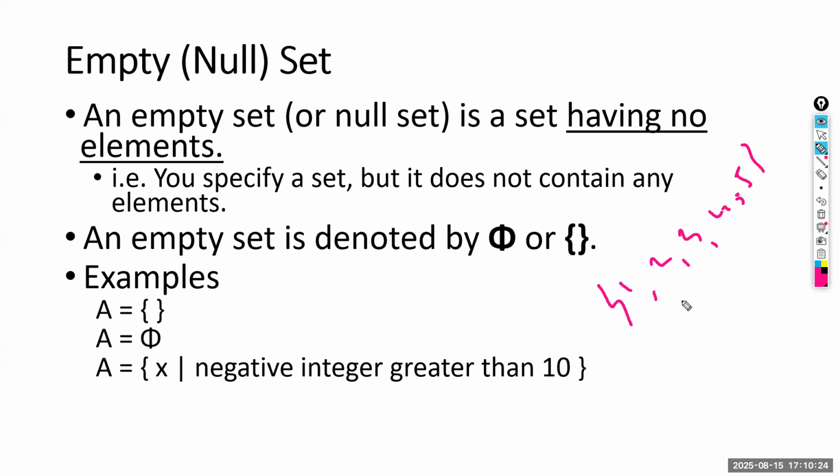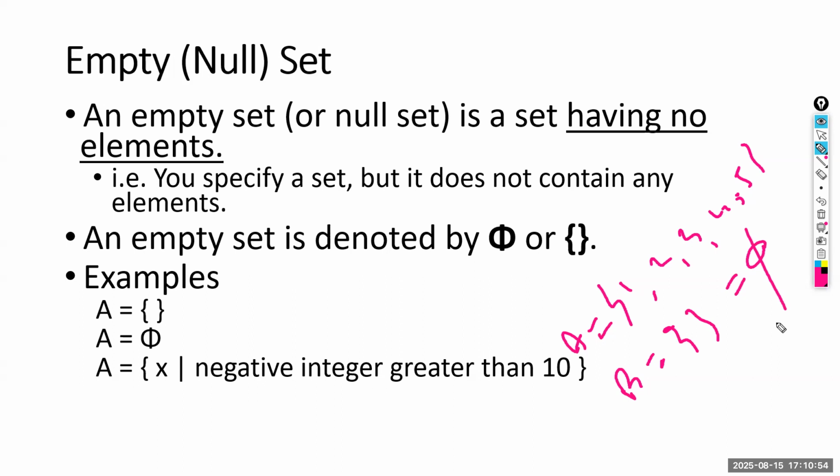If I ask what are the positive integers between 1 and 5, this is it. Then what are the negative integers between plus 1 and plus 5? I will say it is this: no element. Or I can say it is the empty set symbol, that is the symbol we use, because there are no elements in that set. Is it clear?